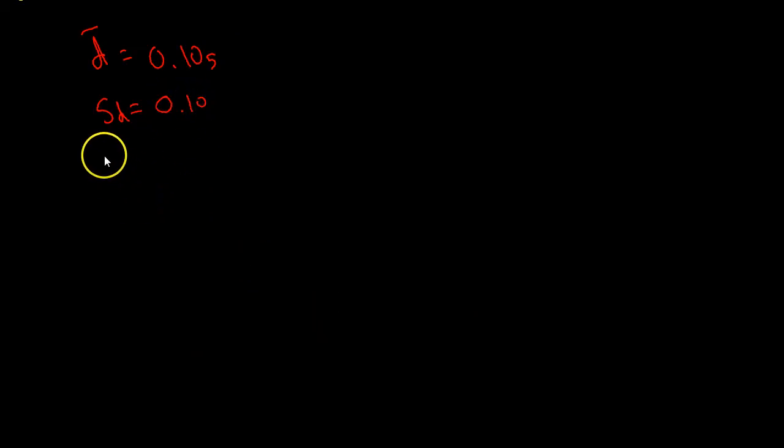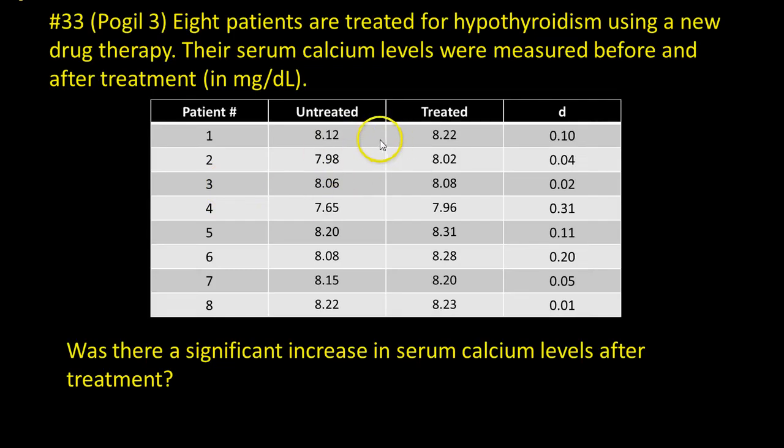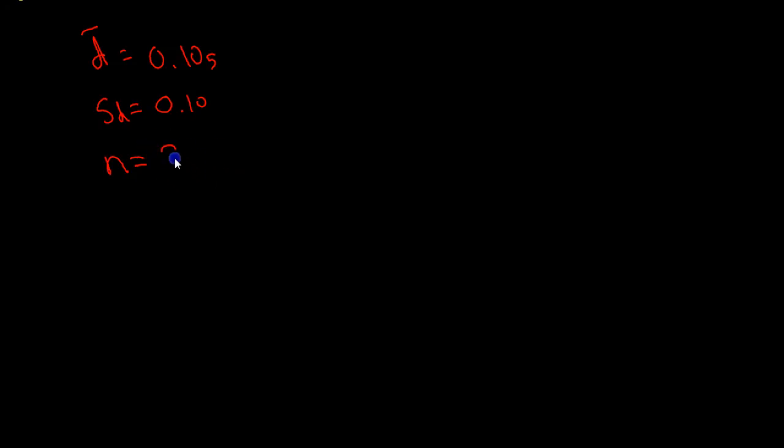Hopefully you guys find the same answers when you go through it on your own. And the number of samples, in this case, is not the total number of samples, but the total number of patients in this case, right? So the total number of paired samples. So even though you have 16 measurements overall, you really only have 8 paired measurements. So that's 8. Okay.